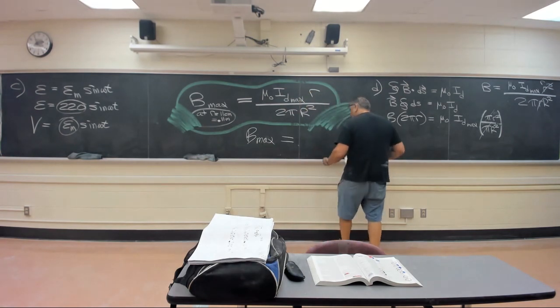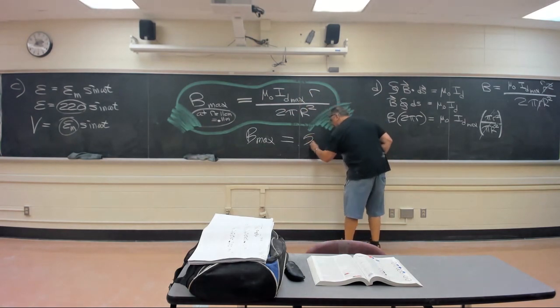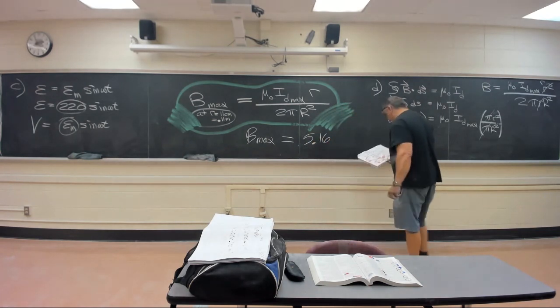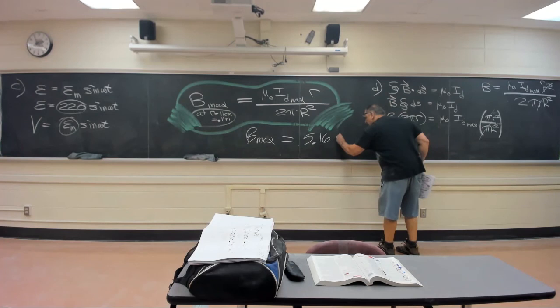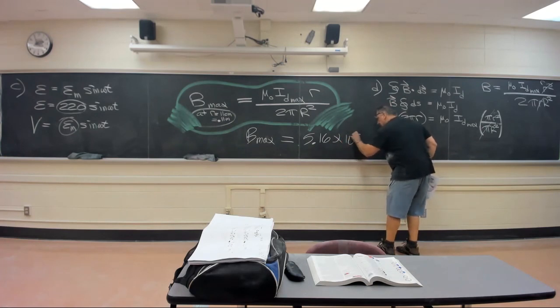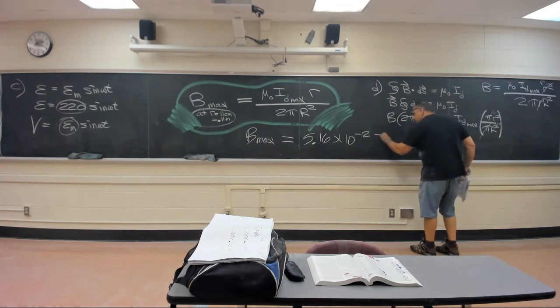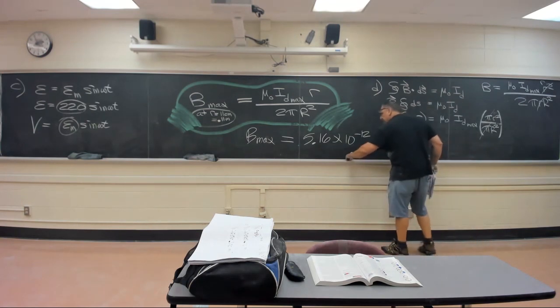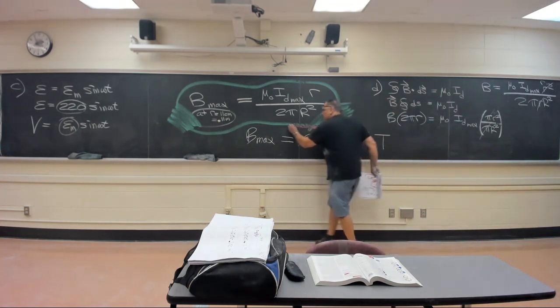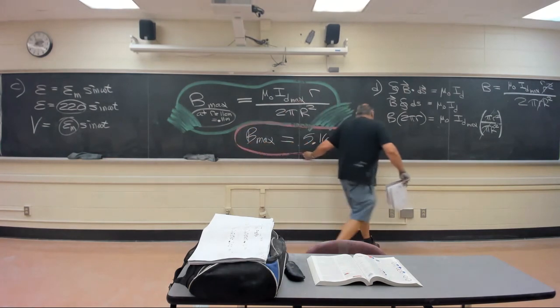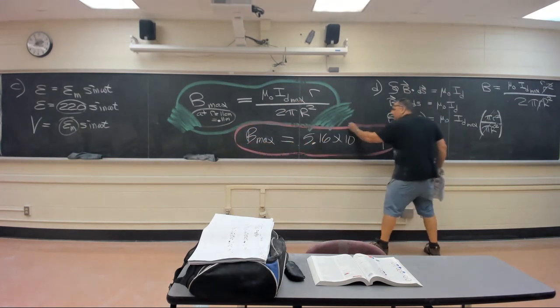B max for those circumstances is 5.16 times 10 to the negative 12 Tesla. As they have it, as they have the answers given there.